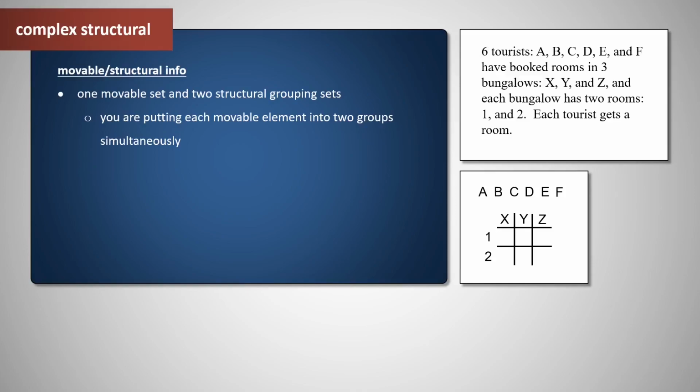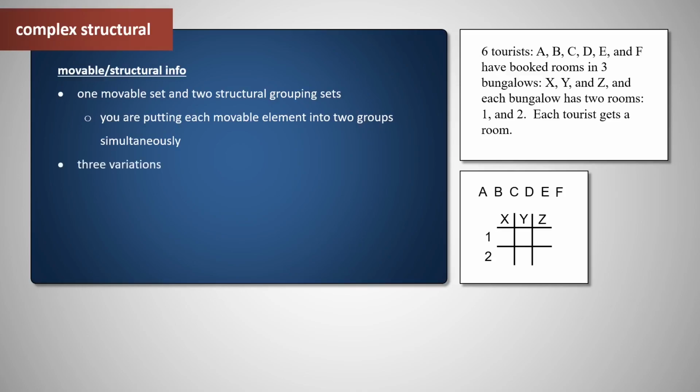So they make up my grid. So I have columns and rows here. It's not just the columns that are the structure, it's also the rows. Now, how did I get to that? Well, we'll clarify that in a second. But that's what I have here. I'm moving the letters within that grid, and that grid is now my 2 structural sets combined.